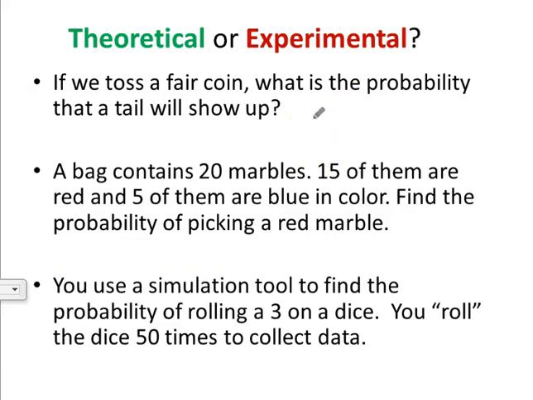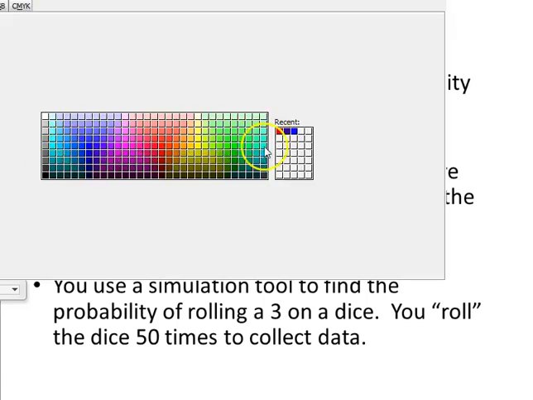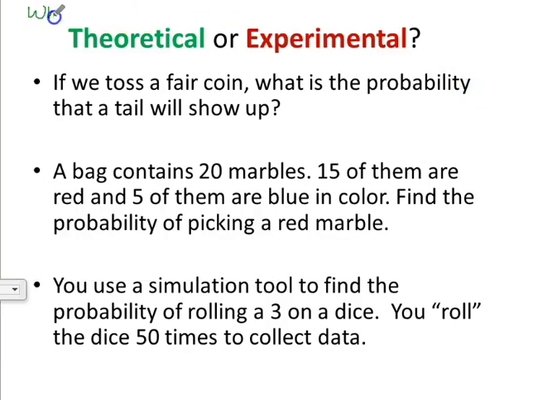All right, so theoretical or experimental? Theoretical means what is expected to happen. For example, if you toss a coin, you have a 50-50 chance of choosing heads or tails.